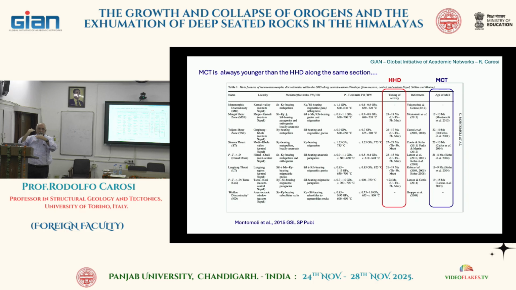There is not so much distance between them, maybe 100 meters or a few kilometers, such as in the Dolpo area, where the thickness of the Greater Himalayan Sequence is only 3 kilometers.